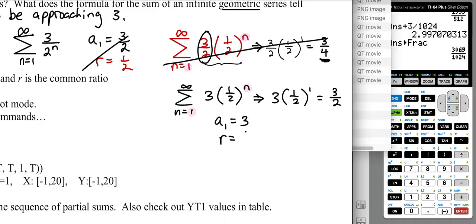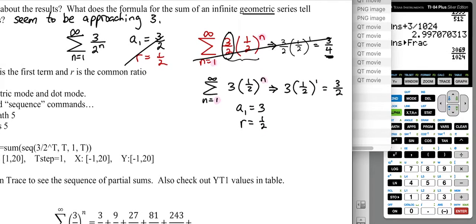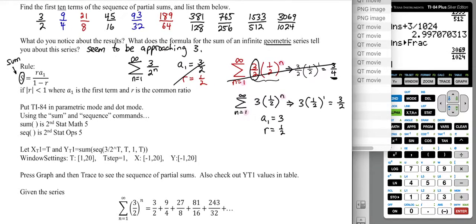Common ratio would be 1/2. Now when I apply my rule here, S would be 1/2 times 3 over 1 minus 1/2. 1 minus 1/2 is a half, so 1/2 times 3 over 1/2 gives you a 3, which is what we expected. So that's great.